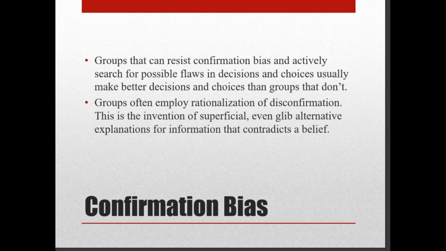One really important term with confirmation bias is called rationalization of disconfirmation. And this is where you'll hear group members justify a decision with really ridiculous support. And they'll use examples that don't make a lot of sense, but they're trying to justify or rationalize why they're not looking to outside sources.